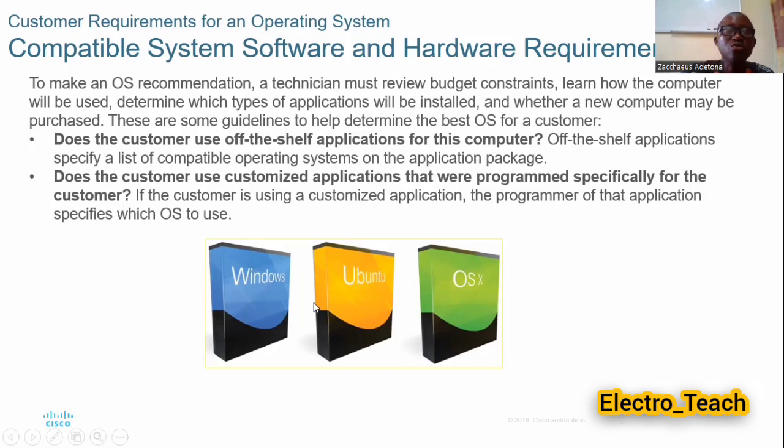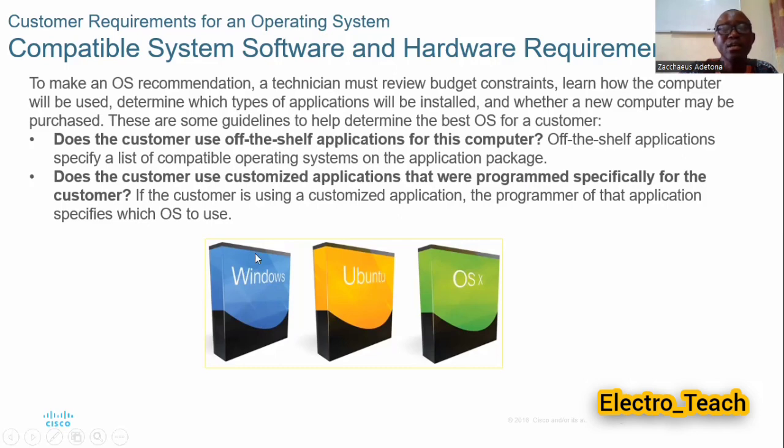But before you can choose, you need to know the requirements we are discussing. The question is this: does the customer use customized applications that were programmed specifically for the customer? That is to say, is there a specialized program that the customer is going to use that is meant for his own particular company or job? That question is also critical, because it helps you determine which operating system will be preferable.